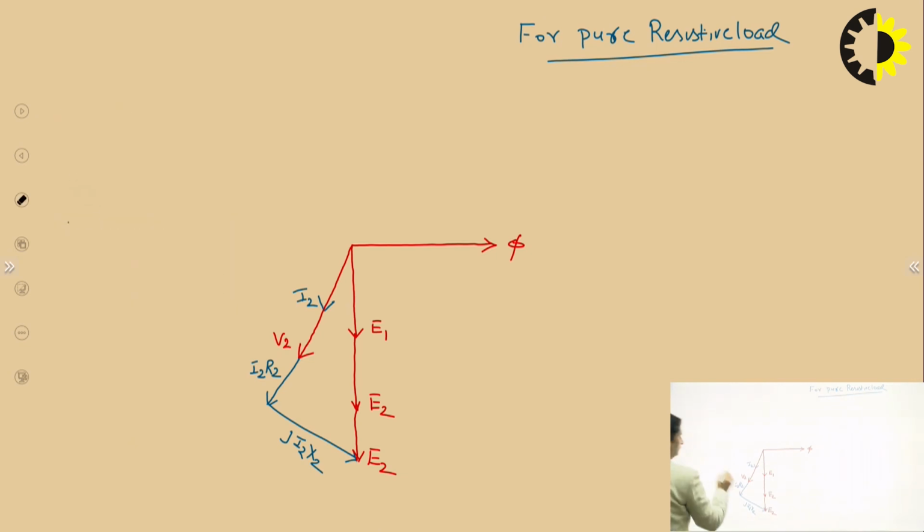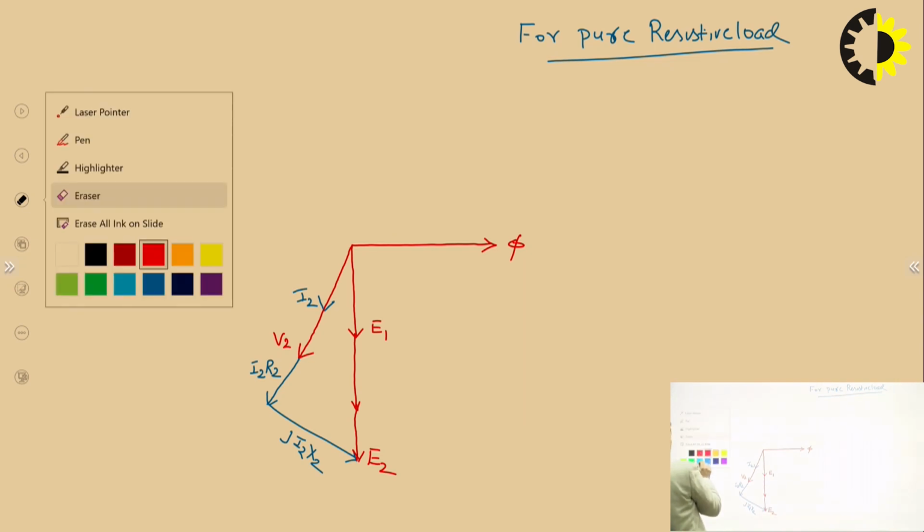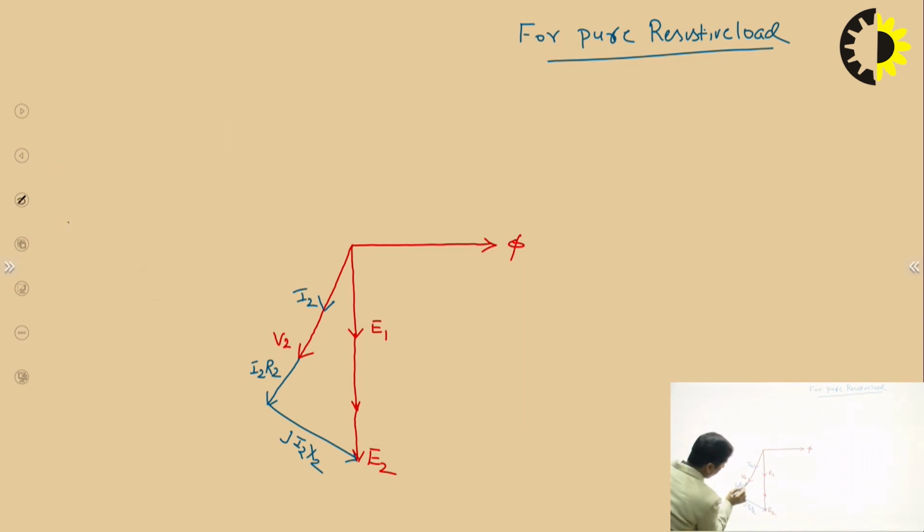So the phasor of E2 is drawn like this. Again, this part, V2 plus I2 R2, is I2 Z2, the impedance drop, and this is our voltage triangle of the secondary side.